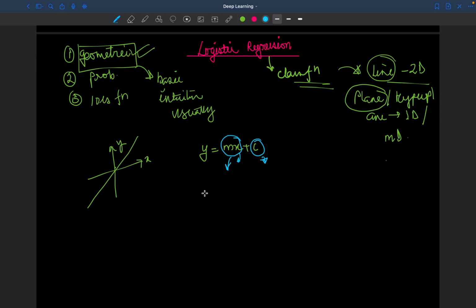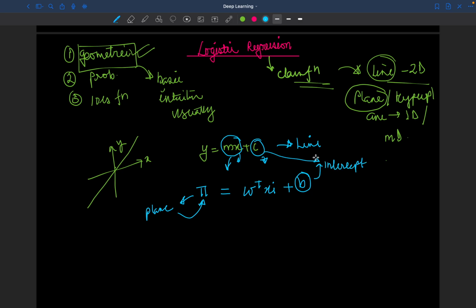Similarly, the equation of a plane, which we denote using pi, is pi equals w transpose xi plus b, where b is the intercept, just like c over here.